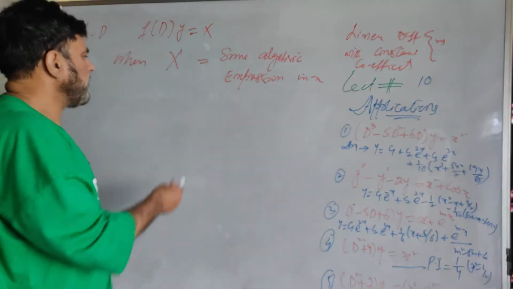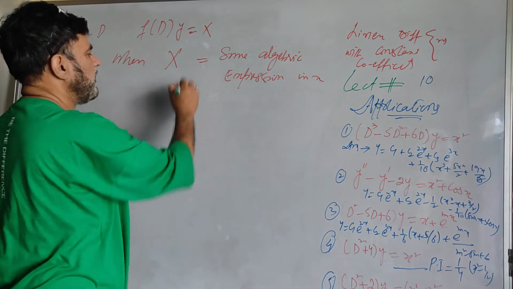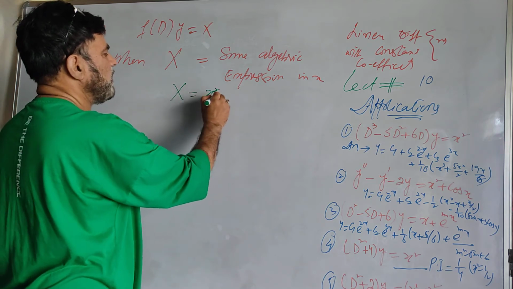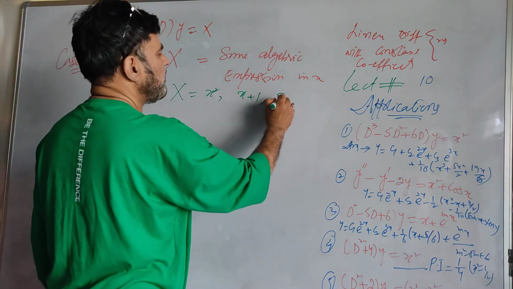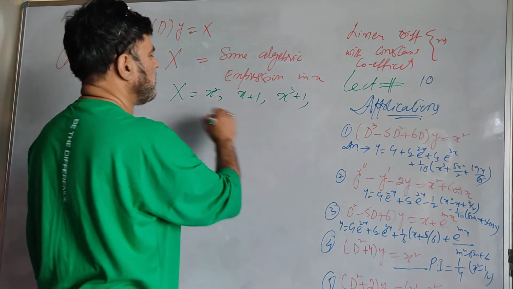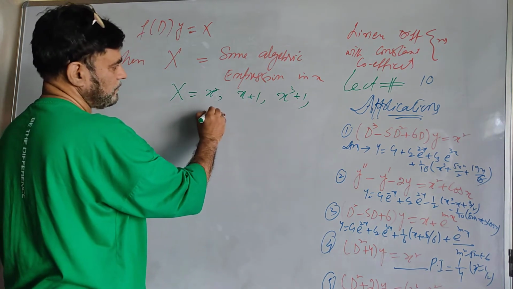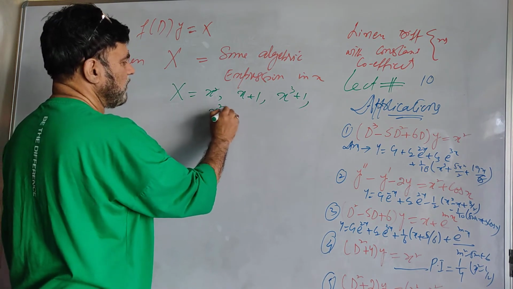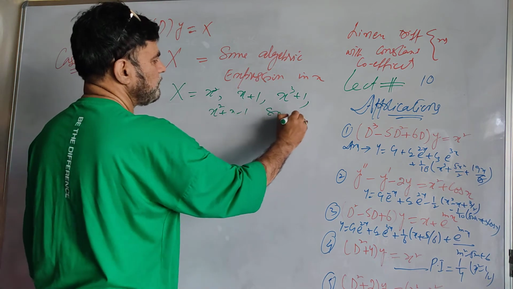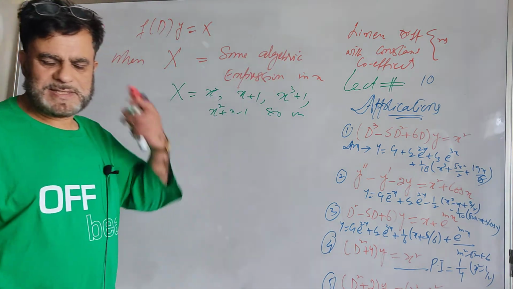Your X can be of this form. Sometimes the right side X is x square, say x plus 1, say x cube plus 1. It can be x square plus x minus 1, and so on. You will come across right hand side of this form.